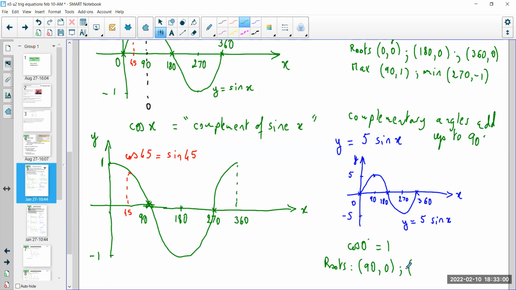That's what we call roots. 270 for x and 0 for y. And a max this time happens when x equals 0, y equals 1. And the min, when x equals 180, I've got -1.